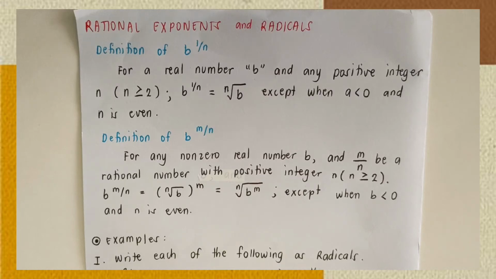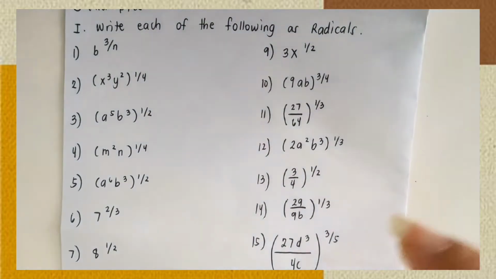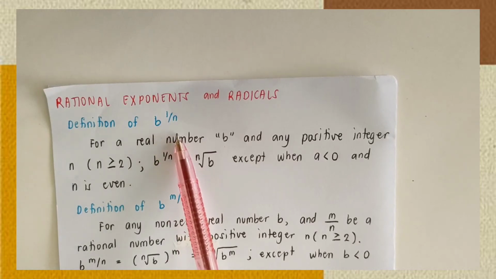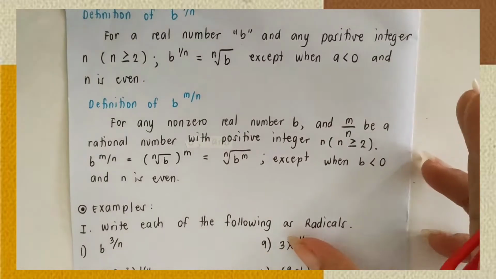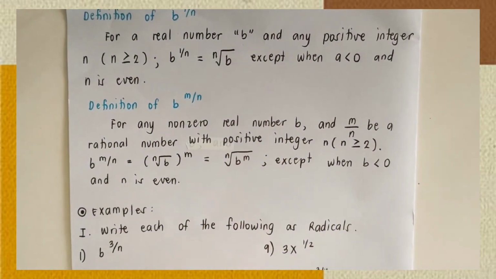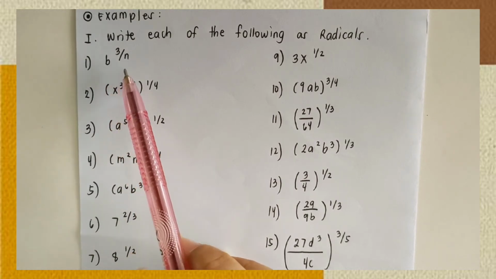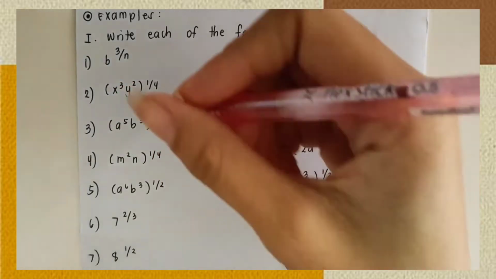Okay? So now let us answer the following examples. And we will use the two definitions, which are b raised to 1 over n and of course b raised to m over n. Number 1, b raised to 3 over n. Always remember that the denominator is our index.